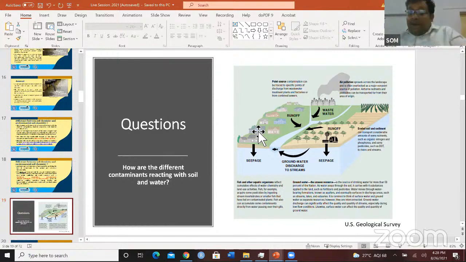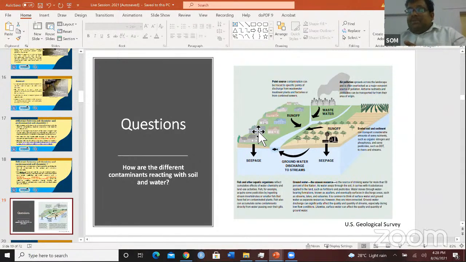Redox properties matter too, whether the soil is sufficiently oxidized or not, or whether the soil is submerged or not. So these properties will determine the different species of contaminants.